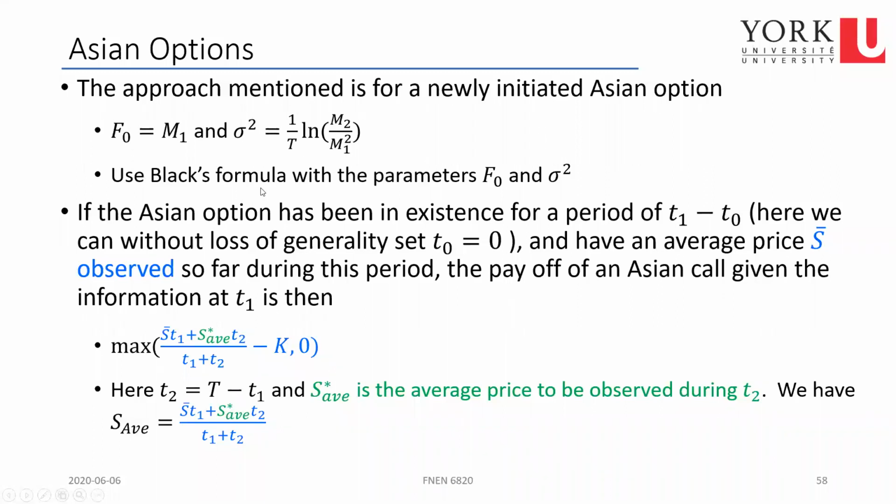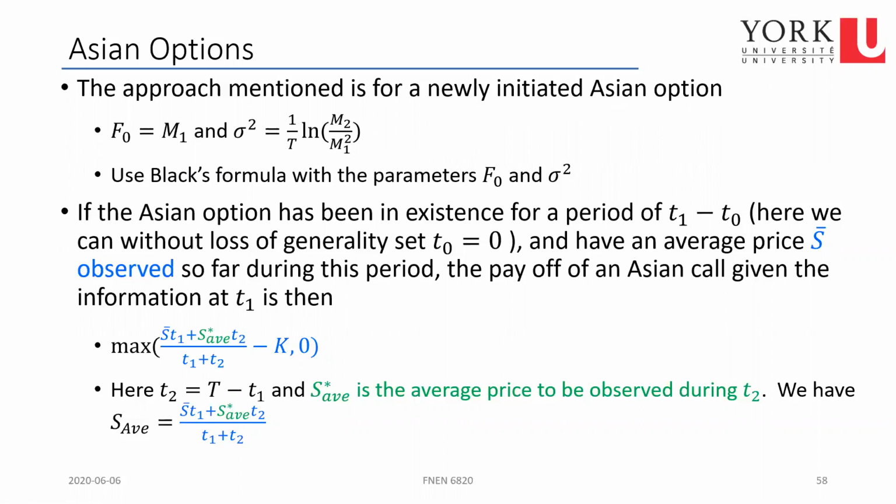Now, this Black's formula gives us the pricing formula for a newly initiated Asian option, meaning the price of the Asian option right at the first time that it comes into existence.